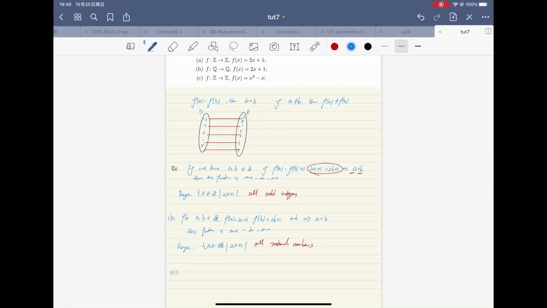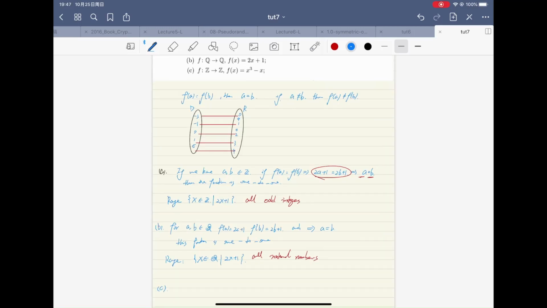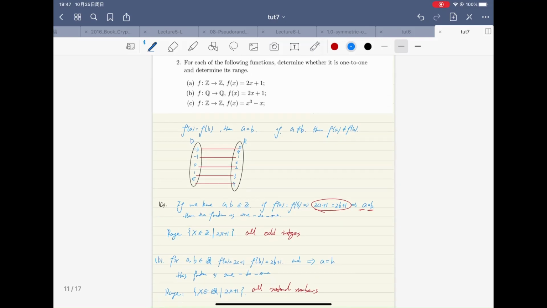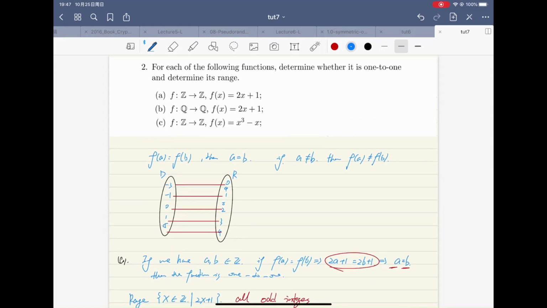We have the function maps from integer to integer, and f(x) equals x cubed minus x. So I think this function is not one-to-one. Why? Because if we assign x equals to 1 and x equals to 0, both the outputs from the function should be 0, right?